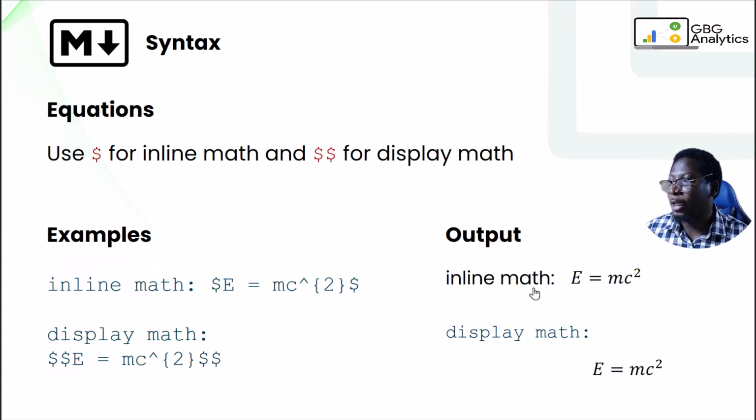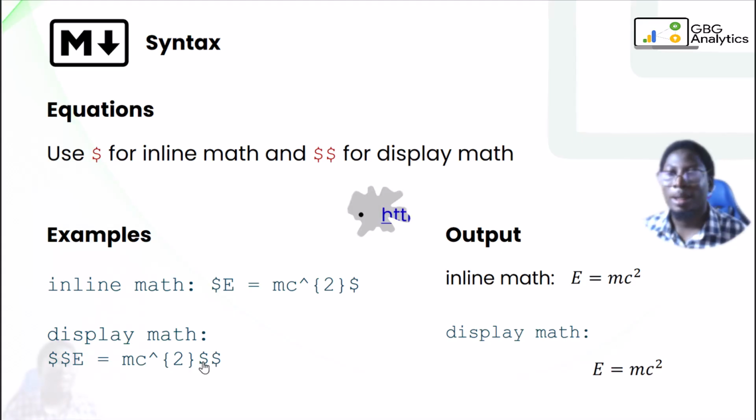For the inline math, if I just use a single $ sign, that will make the equation appear within a line of text, as you can see here. And if I use double $ signs at the beginning and at the end of the equation, that will make the equation appear on its own line, centered, and this is more prominent in mathematical documents.